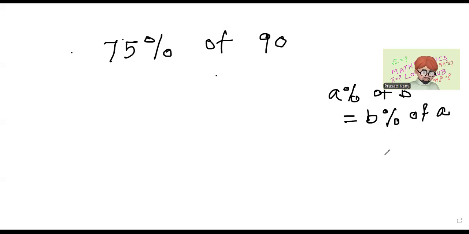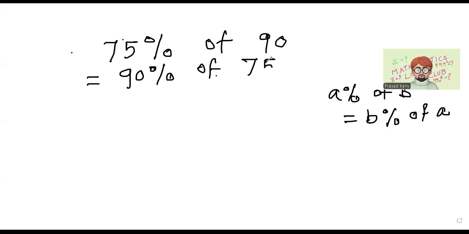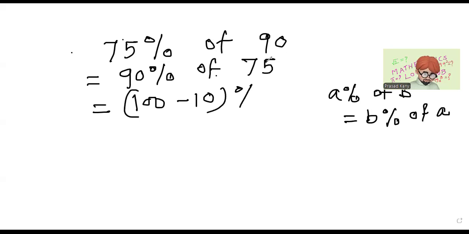So for simplicity of calculations, I'm going to write 75% of 90 as 90% of 75, which is 100% minus 10% of 75.